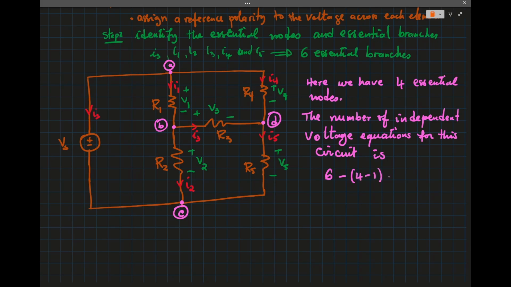We wrote this equation above, so 6 minus 3, which is 3. So we have 3 independent voltage equations.